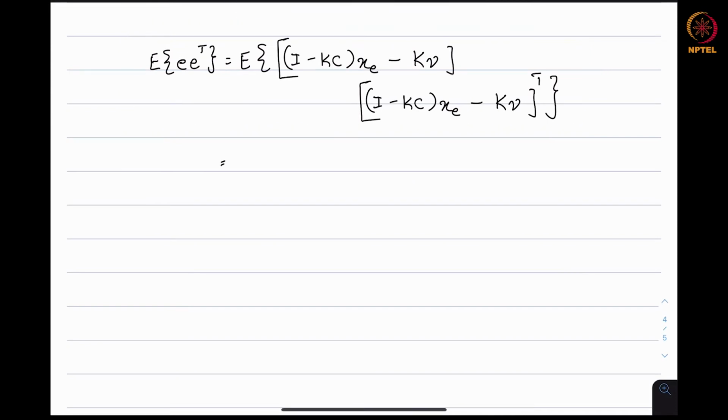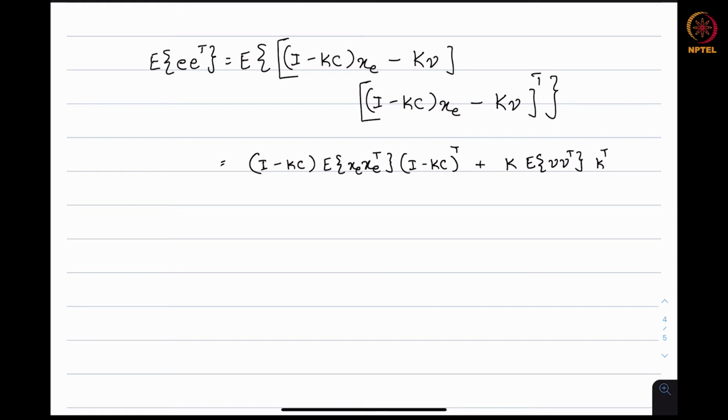So this we can write as (I minus K C) times the expectation of X E transpose times (I minus K C) transpose, plus K times the expectation of nu nu transpose times K transpose.